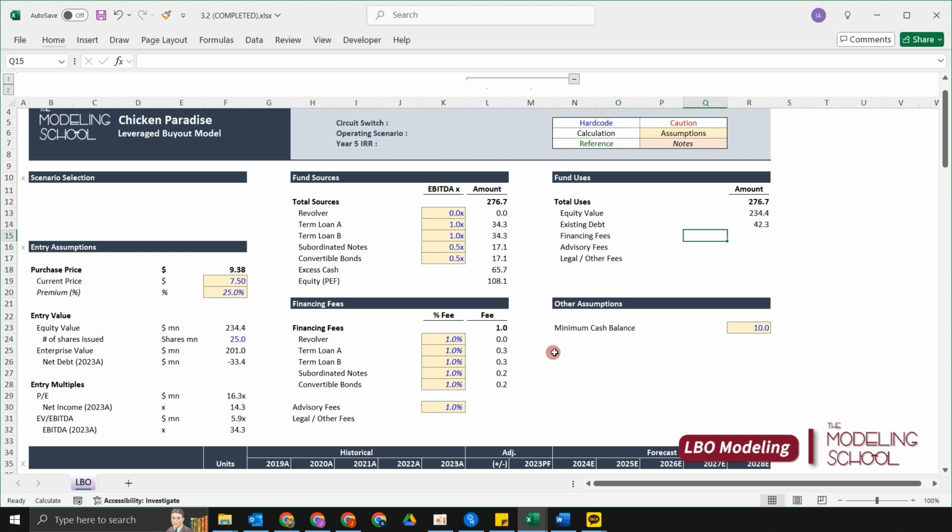We're going to link it to the fund uses, which is quite minor in this case, but in actual practice or when you're doing some kind of modeling test, they could require you to calculate financing fees. So we have to know how it's done.